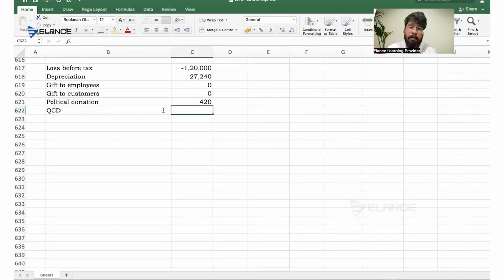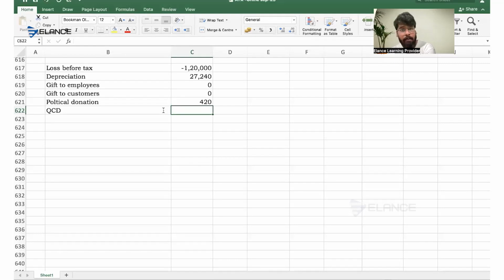At the time of computing the tax adjusted trading profit, QCD is a disallowed expenditure. It is not allowed because actually we are not spending this QCD for trading related purposes. So while computing the tax adjusted trading income, QCD is a disallowed expenditure, and we should add back the QCD in the tax adjusted trading profit computation.